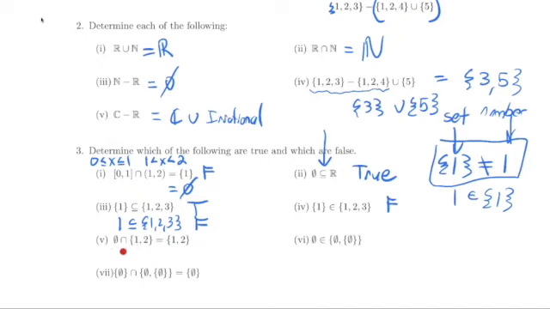If we flip that to a union symbol, then it would be true. With the intersection symbol, this is saying what are all of the elements in this set and in this set. And since this set has nothing, their intersection is going to have nothing in it. So the intersection here would be the empty set.